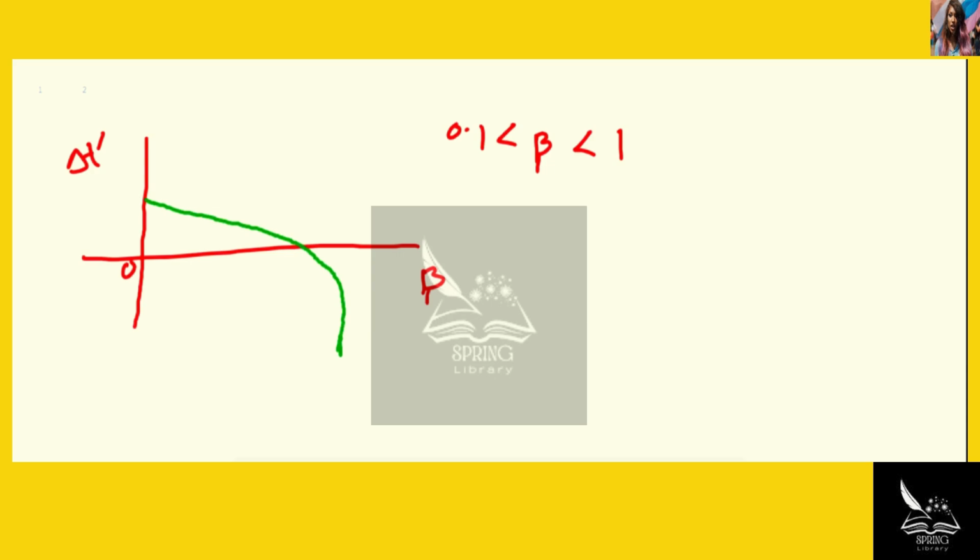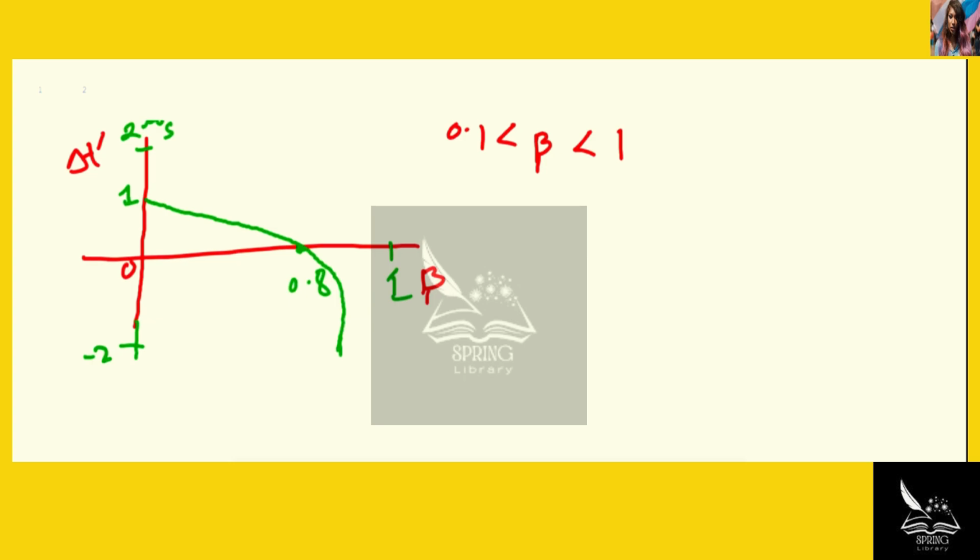The point it crosses here is around 0.8. Here is the 1, and this is 0. Here is plus 2 microseconds, and here is minus 2 microseconds.